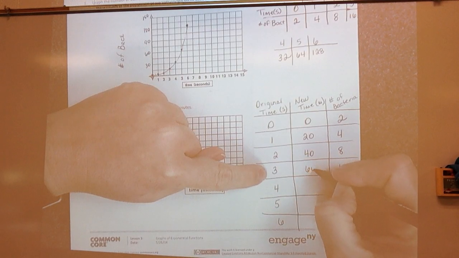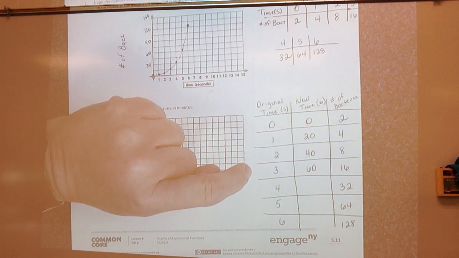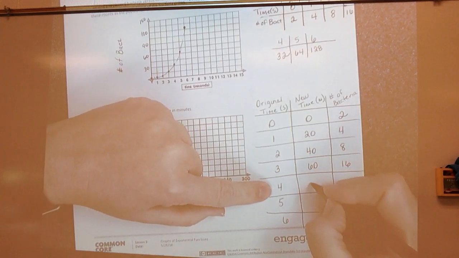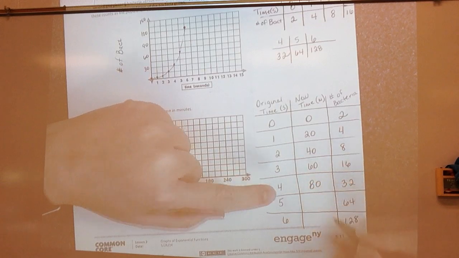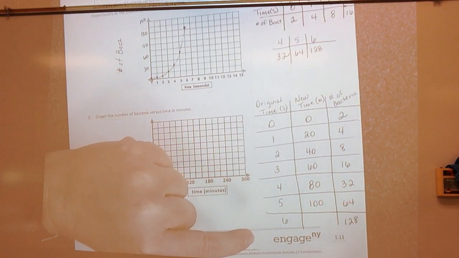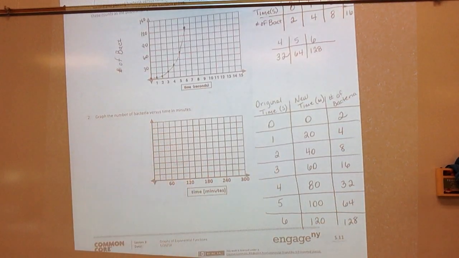Third division, we're adding 20 more minutes on there because 20 minutes are going past every time we're making a division. So now we've got 80 minutes. All right, now we're at 100 minutes. Now we're at 120 minutes.